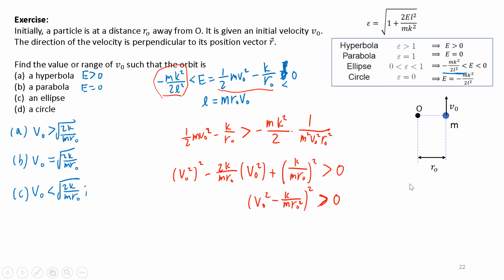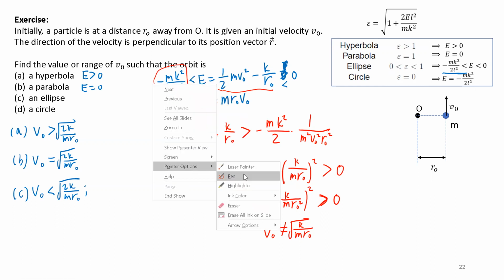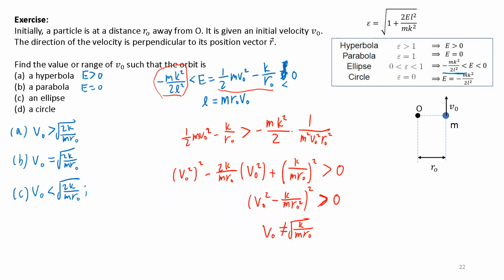That is, as long as this V0 is not equal to k divided by m r naught, then we are fine. So then let me put it over here.